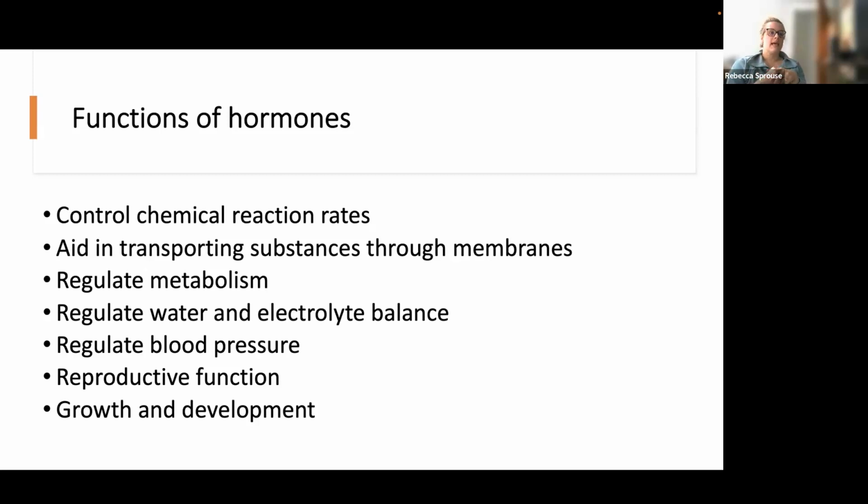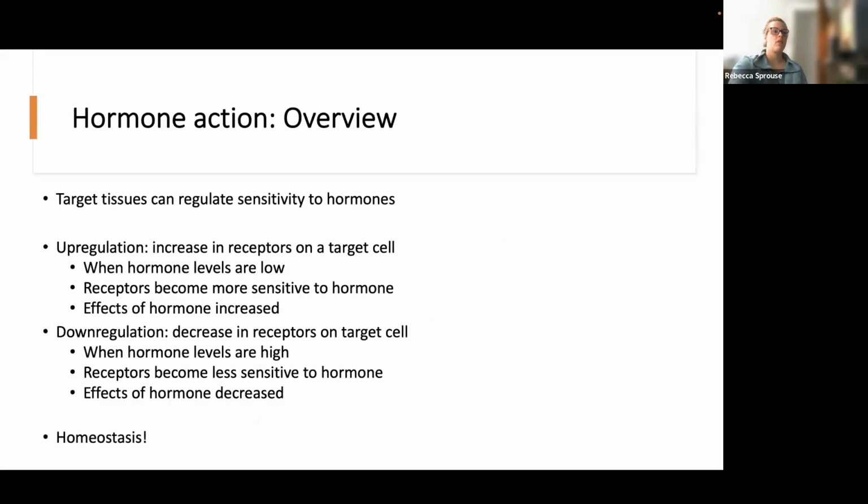We have some hormones that aid in transporting substances through membranes. We have some that regulate metabolism, water and electrolyte balance, blood pressure, obviously reproductive function, and then growth and development. So you're going to see some hormones that just have one of these functions, but some that maybe have more than one.